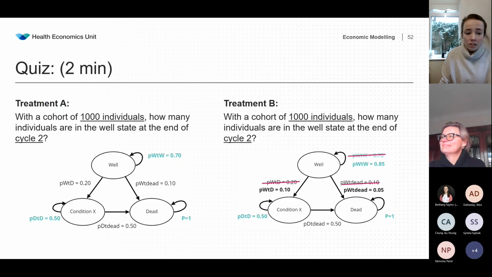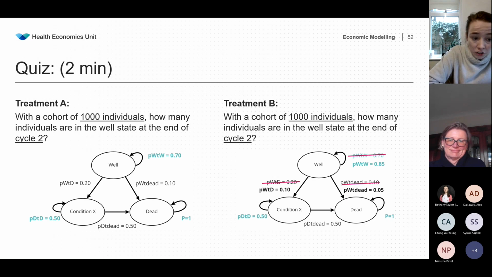Okay, cool. So here's a quiz. For treatment A, if you have 1,000 people, how many individuals are well at the end of cycle 2? And same question at the end of cycle 2 for treatment B. Two numbers.